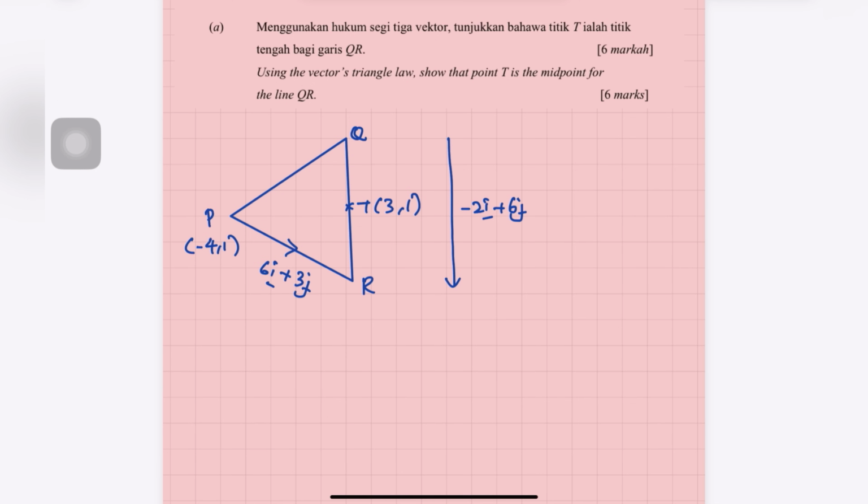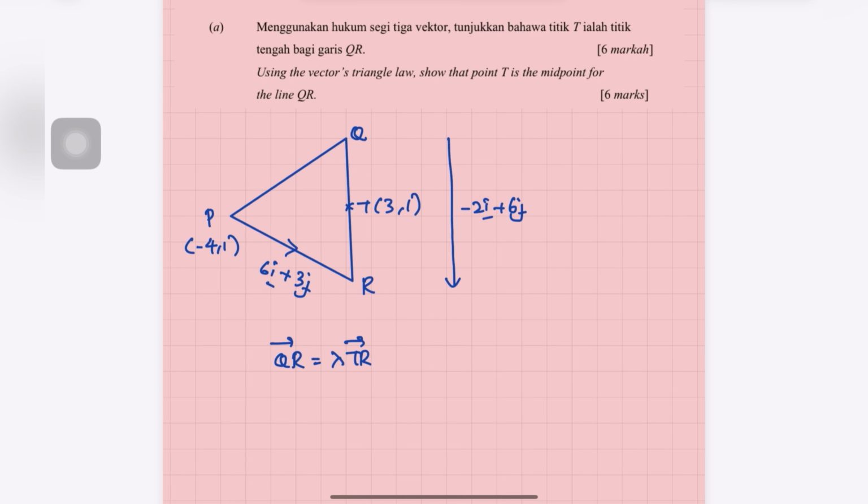Okay, actually QTR is collinear. So kita boleh guna lambda, guna hubungan collinear untuk proofkan dia midpoint. Okay, sebenarnya ada banyak cara tapi saya guna cara ni lah. So QR, okay, I use QR equals to lambda TR.